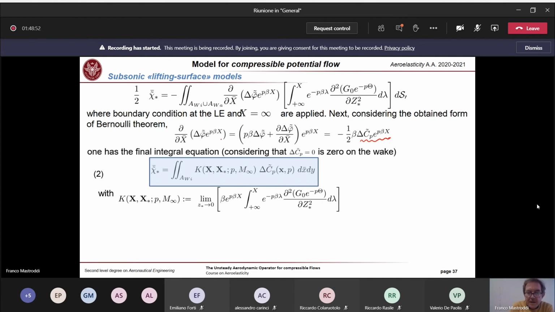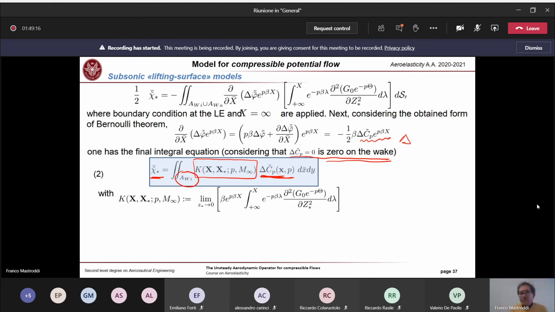And the final integral equation is an integral equation connecting the delta Cp with a normal wash by using a kernel function. And since the delta Cp is 0 on the wake, we have only an integral on the wing.